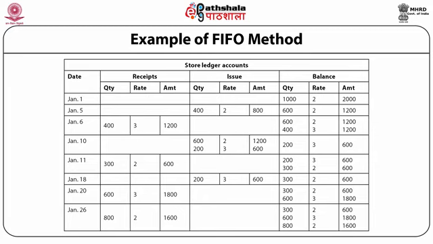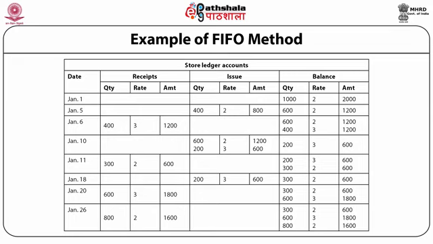The FIFO method is presented with the help of a store ledger account, and it is clear from this account that when we have to make an issue on 10th January of 800 units, preference was given to the material which was received first, and the material which was received later was issued later on.